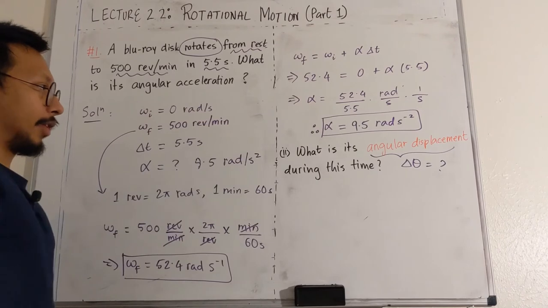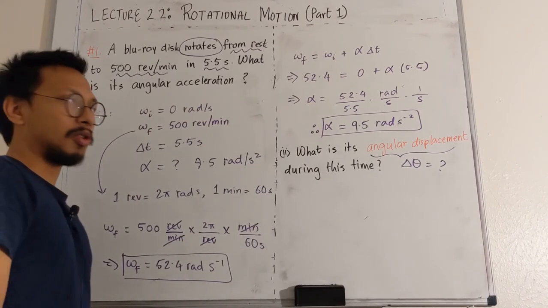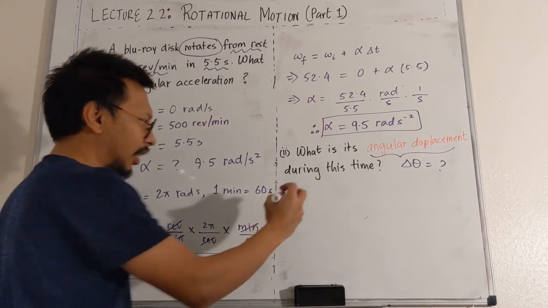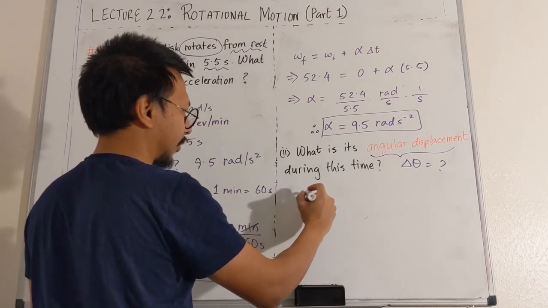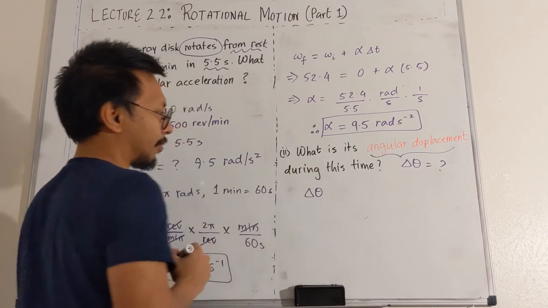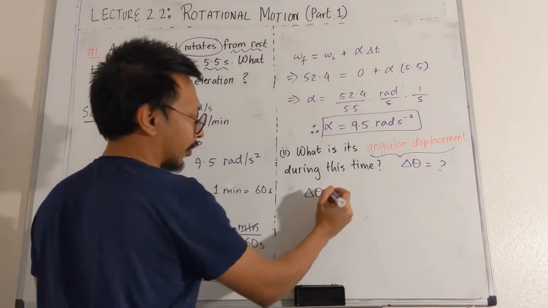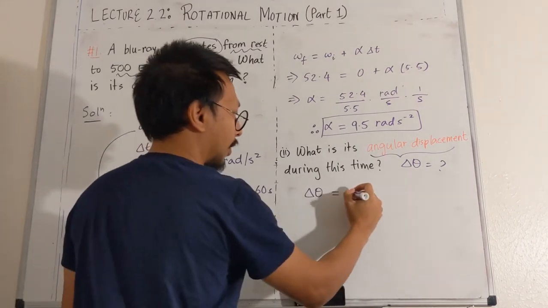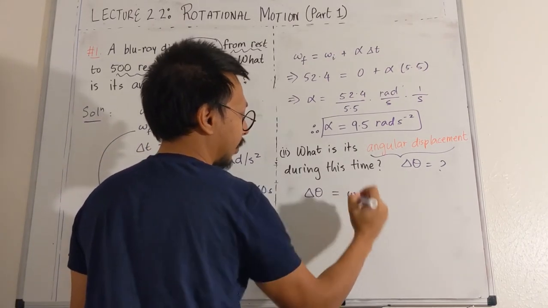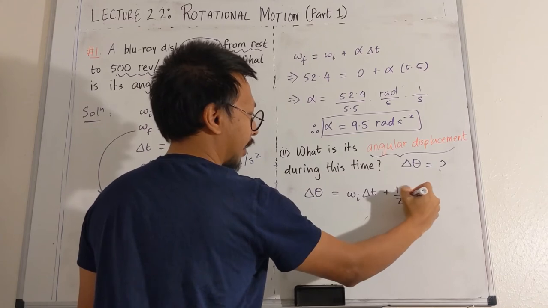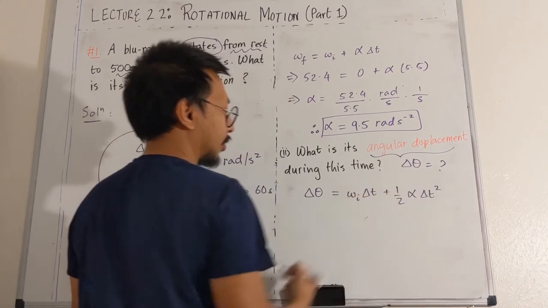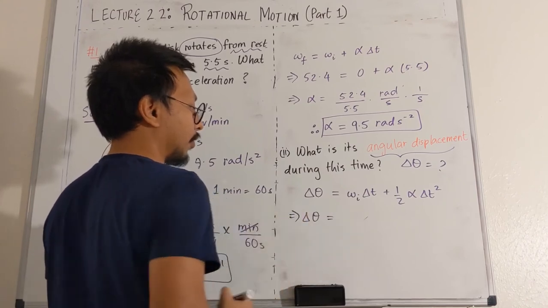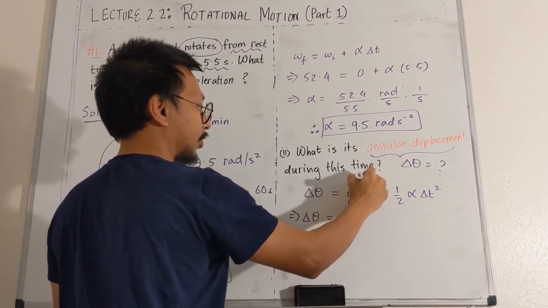How do we find delta theta? We can use any of our five equations. Since we are finding delta theta, let's keep delta theta separate on one side. Let's go for this equation: delta theta is equal to omega I delta t plus 1/2 alpha times delta t squared.